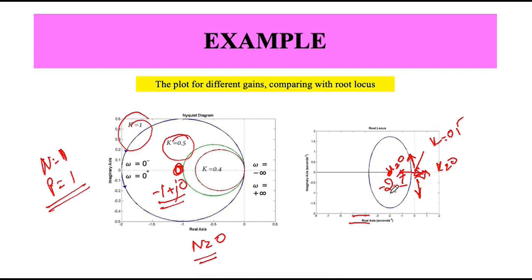Say I have a system with a pole at -1 and a pole at -2 and a pole at -3. So there is no zero. Okay, so I will just do the rules of root locus. One branch will go to infinity this way, and the other two will move like this and they will get separated.